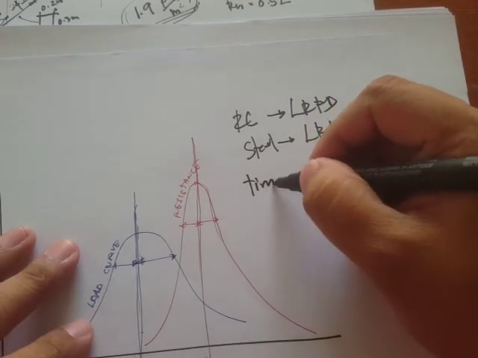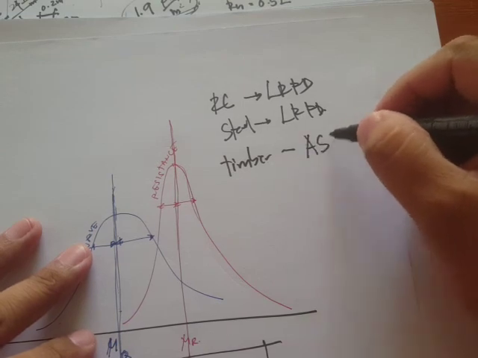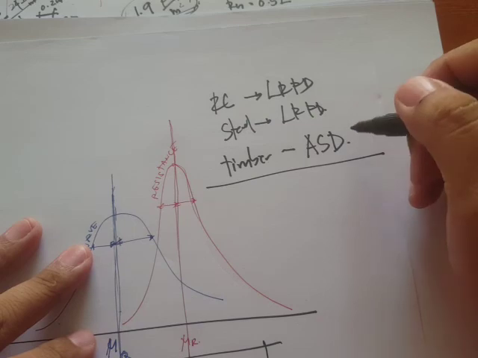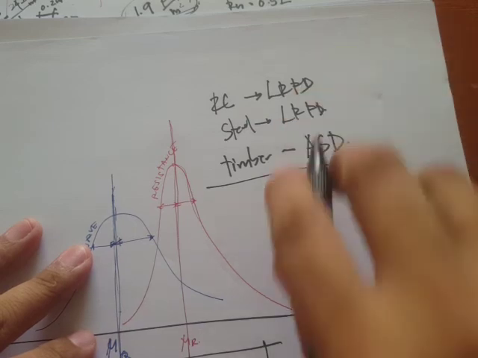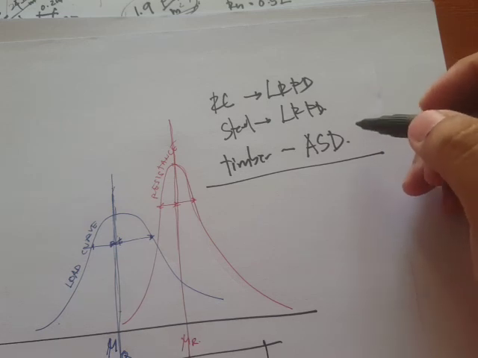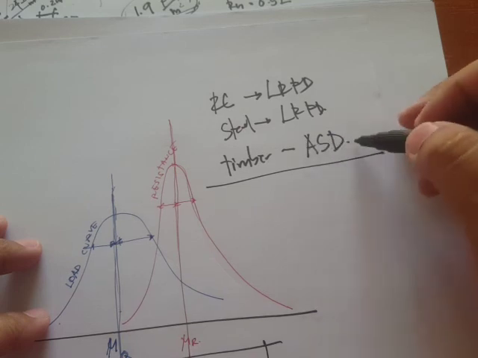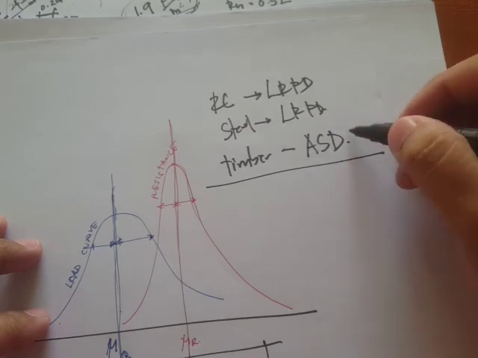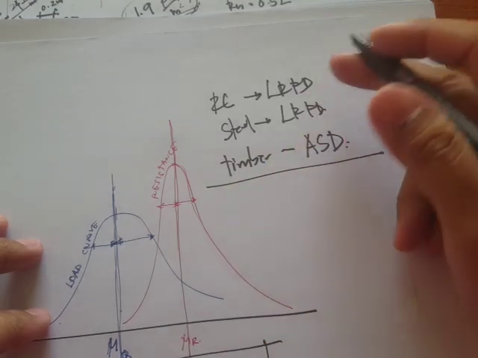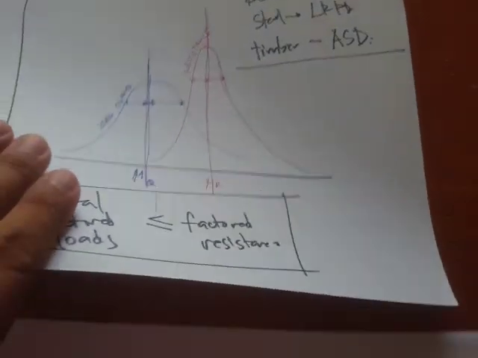And for timber, it's still on ASD. Although there are also available codes or specifications regarding the use of LRFD for timber structures, for us here, I think it's still on the ASD approach. So ASD for timber, while steel and RC would be LRFD. Okay, so now let's move on to the basic load combinations.